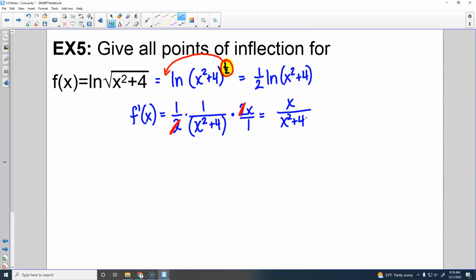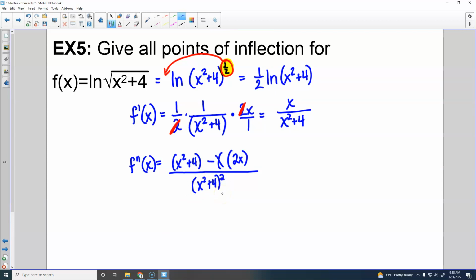That is only our first derivative. We must find the second derivative. So, let's see, Cade, what are we going to have to use to find the second derivative? Quotient rule. What's it going to look like for this one? x squared plus 4 minus x times 2x over x squared plus 4 squared.